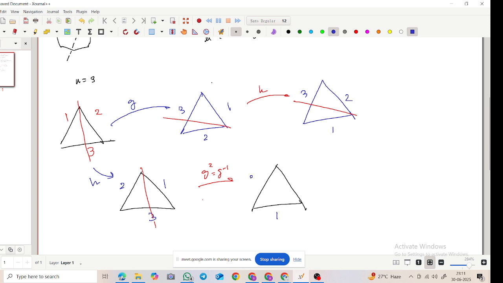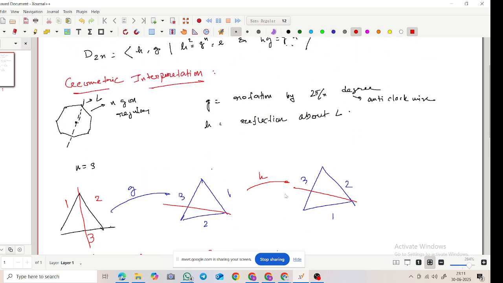It is correct now, right? It is correct now. So that's the relation. I actually wrote it.